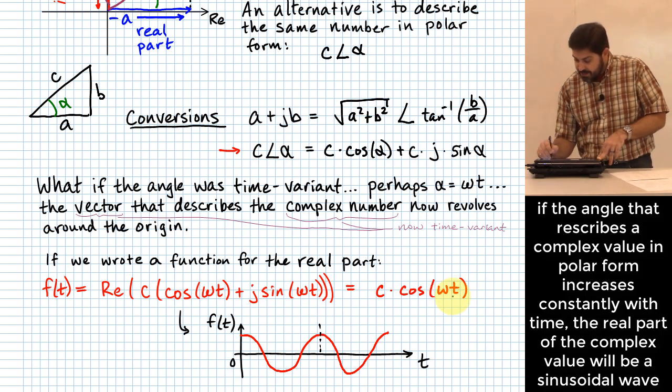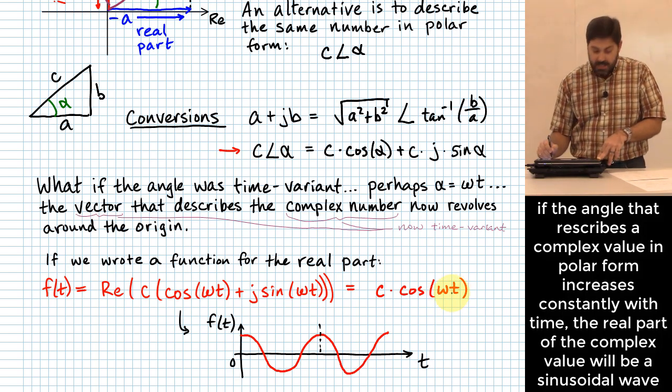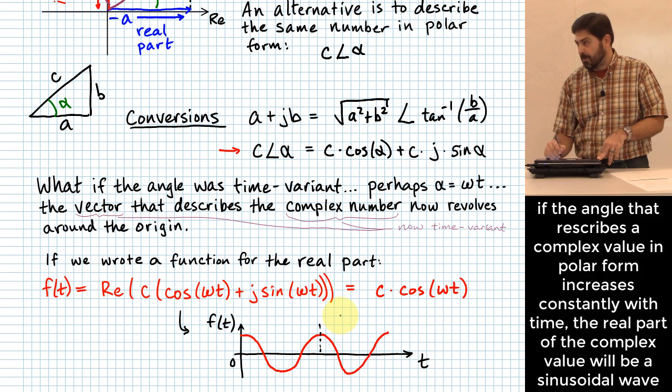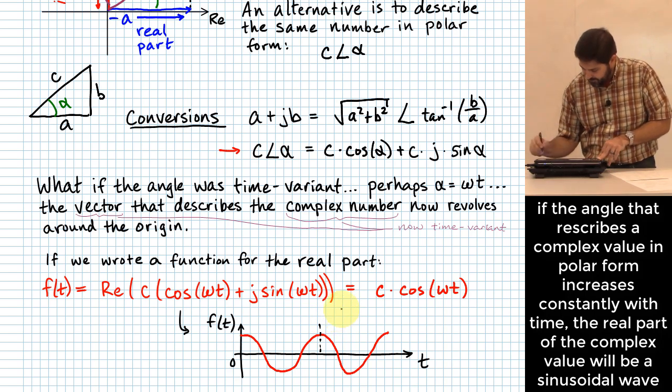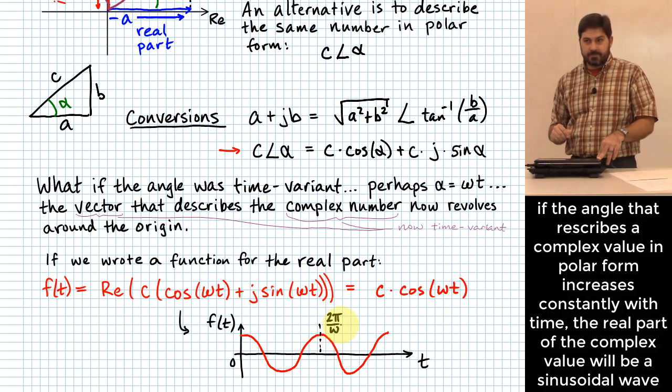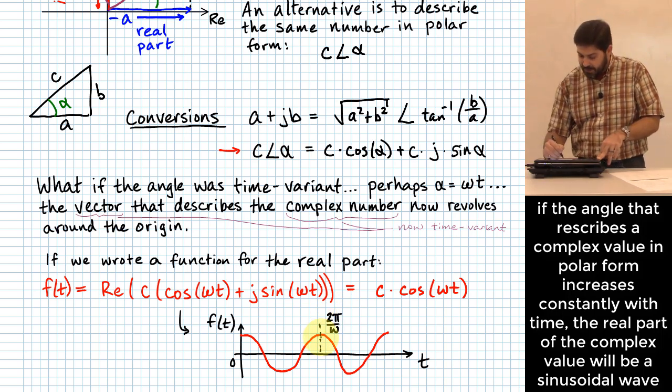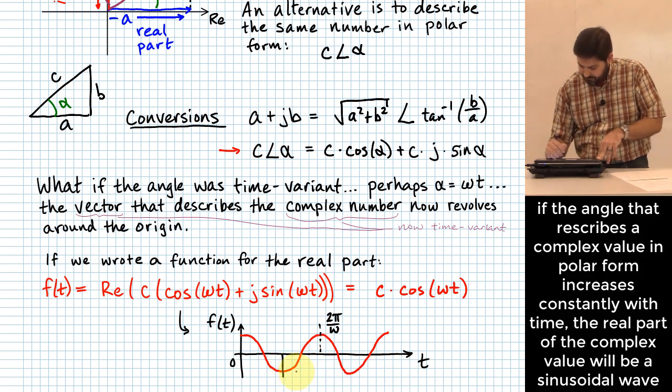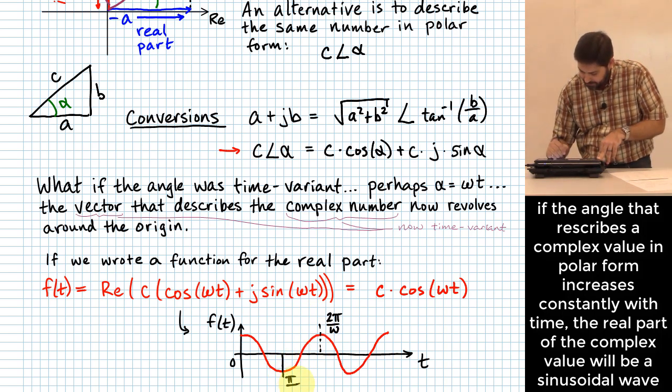But we have that t in there, so what we need is for t times omega to end up being 2 pi. So what's t got to be to make that happen? Okay, how about 2 pi over omega? Right? That's the t value that you'd have right there. What about down here? Just pi over omega, right?